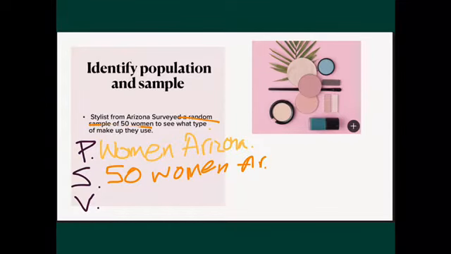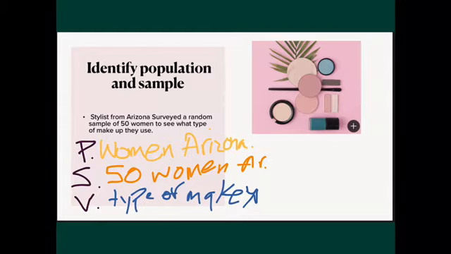Well, the variable in this case is what they want to investigate or analyze: what type of makeup they use. So that will be your variable, the type of makeup. So that's how you identify the population and the sample in this exercise.